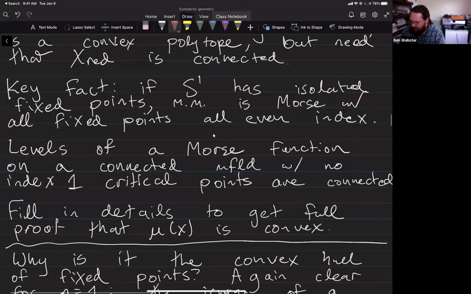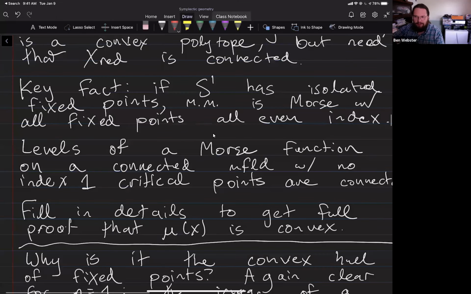Proving that requires using a fact from Morse theory. Let's assume for now I have isolated fixed points. Again, one of the issues I'm leaving out, we can finesse; I'm trying to get the big picture here.